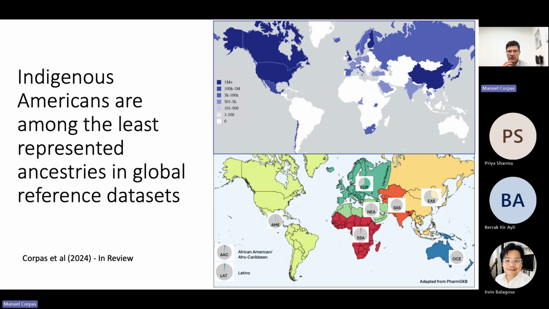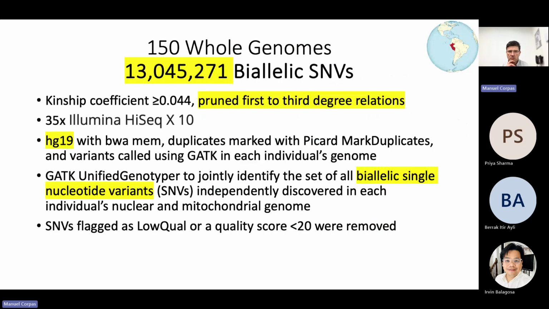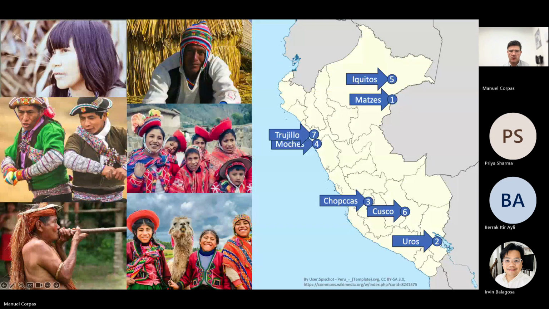So the Peruvian Genome Project started first with the collection of 100 participants distributed across 7 different locations in Peru.